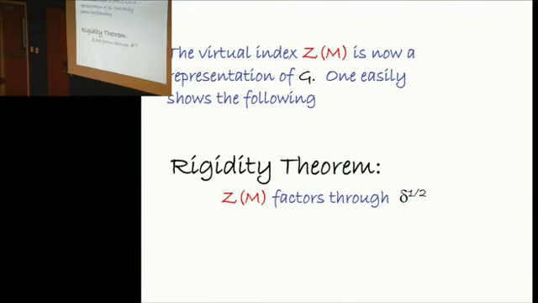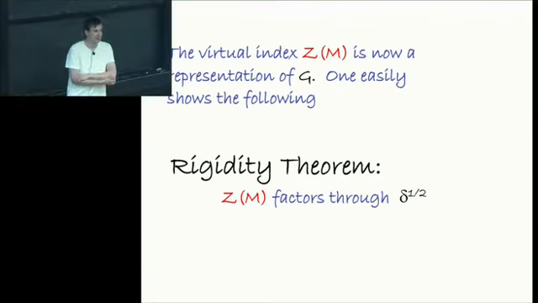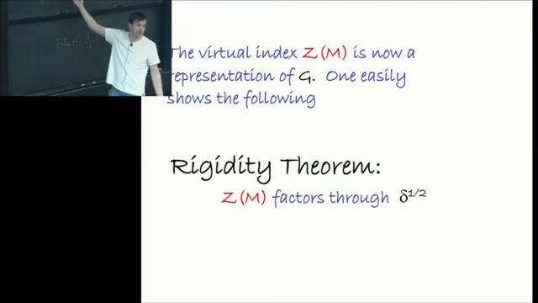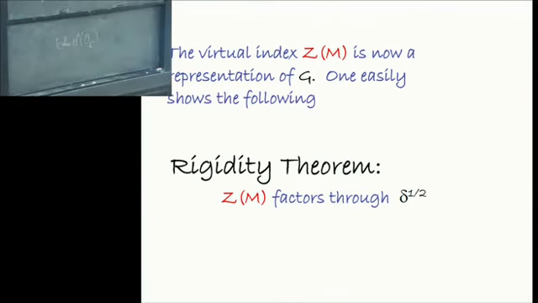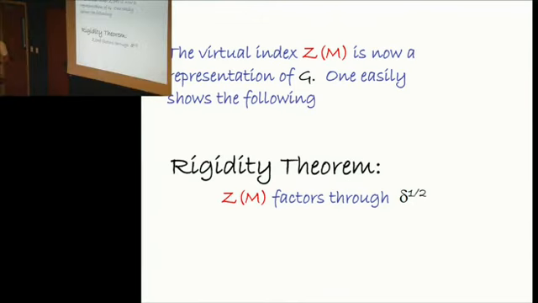But the character need not be a square. So what does this mean? Well, if you have to extract it, you just go to a double cover of your group. That's proven exactly like the old rigidity is proven.